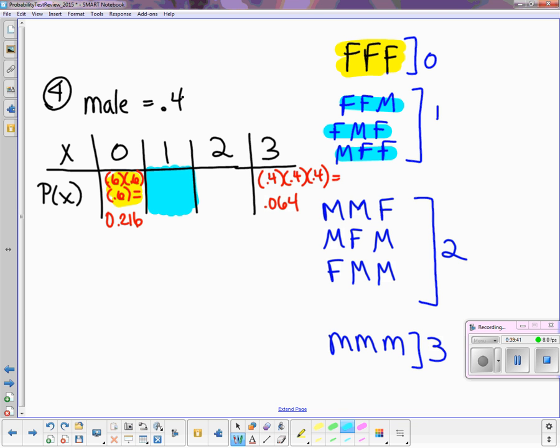So I'm going to do one of them, and then we'll figure out the other answer. Right here, we're going to do some work. Let's use a different color so we don't get confused. So we're going to have female, female, male, or female, male, female.